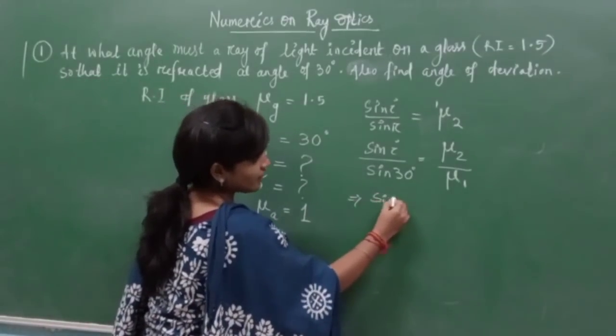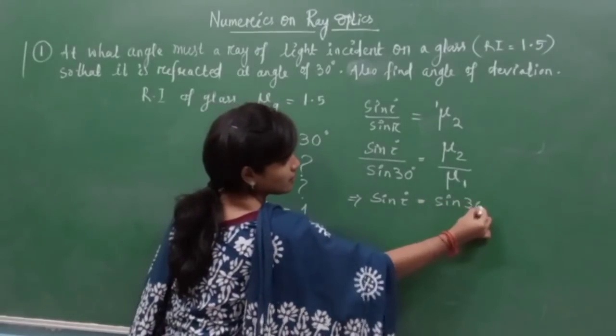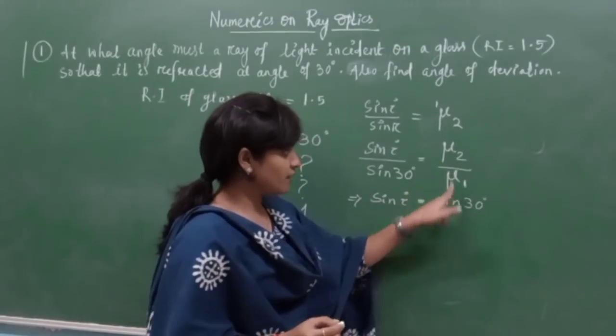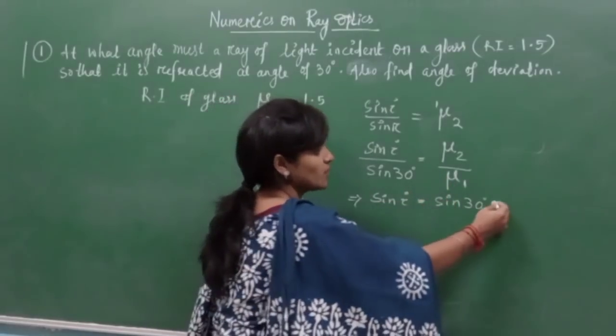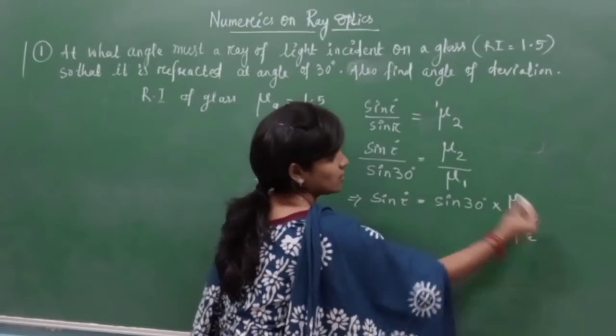The first medium is air and the second medium is glass, so I can write this as mu g by mu a.